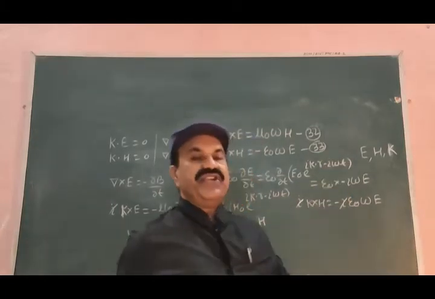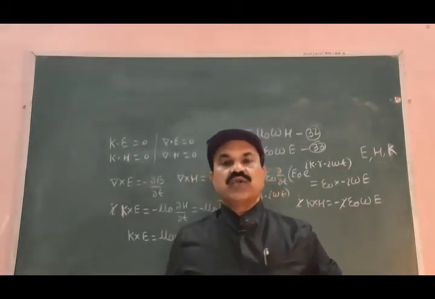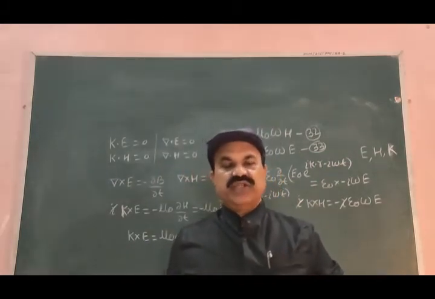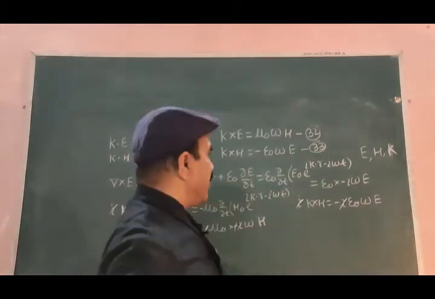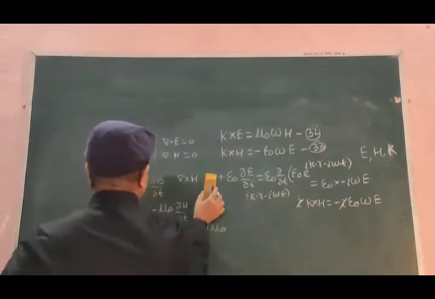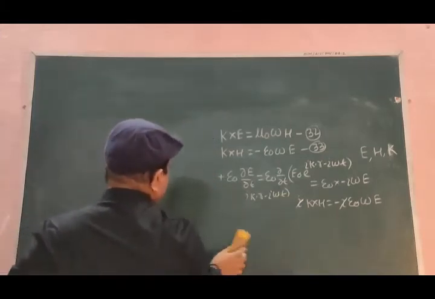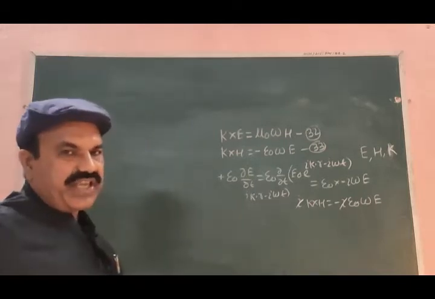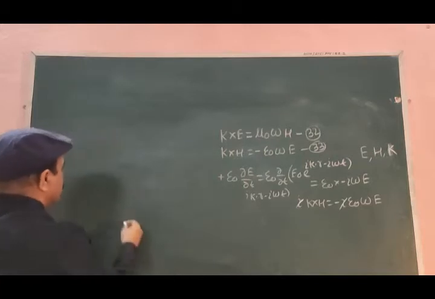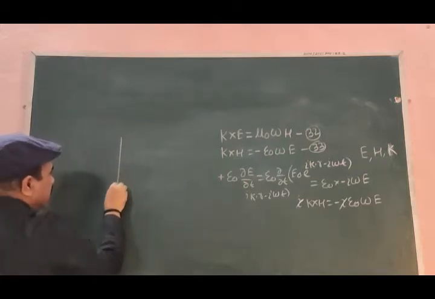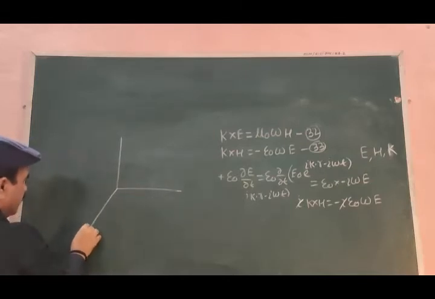The vectors E, H, K form a set of orthogonal vectors which can be represented by a right-handed coordinate system.